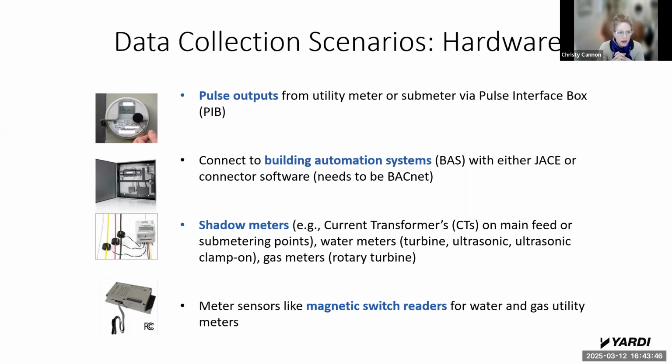In terms of hardware for submetering, this mostly involves our Meter Insights, which is our real-time interval data platform. And there's a variety of different hardware that we employ to get data into that system. So some of it involves working with utilities to install PIBs, which is a pulse interface box. That's something that the utility will install on their own utility meter.